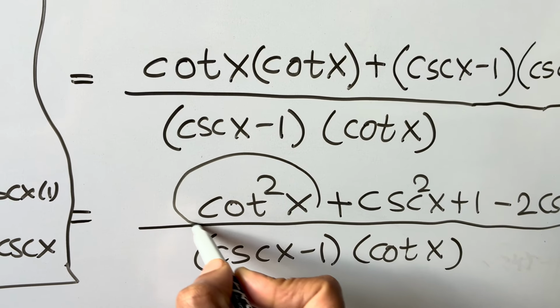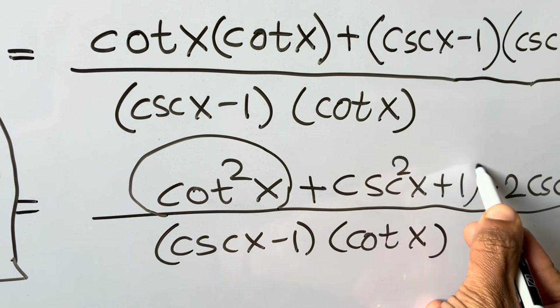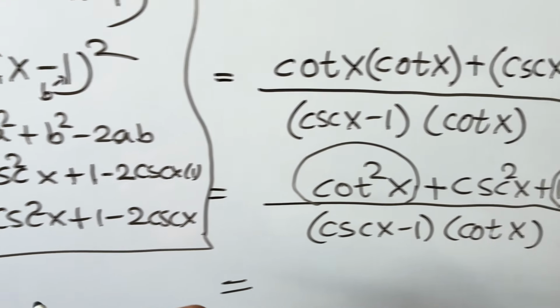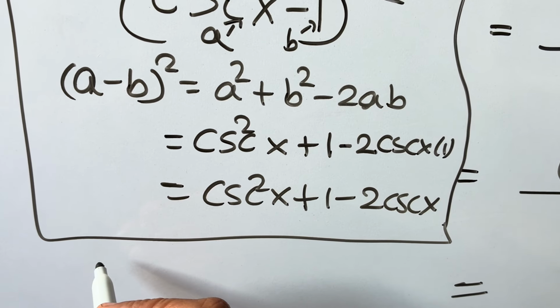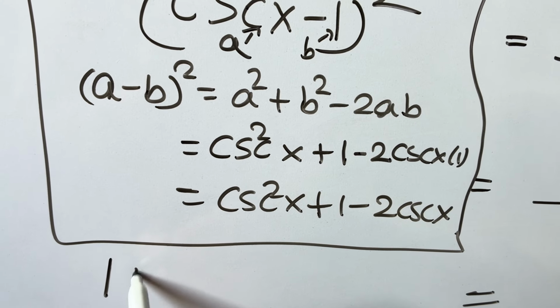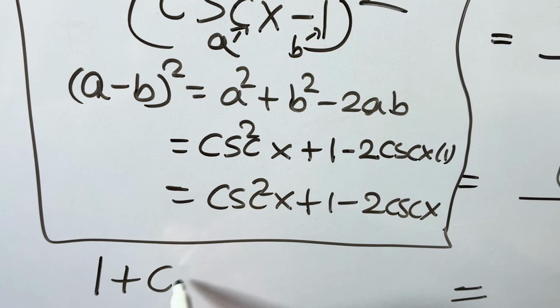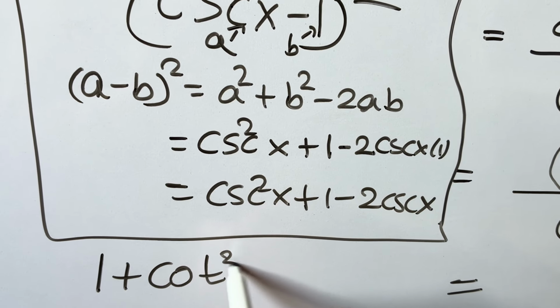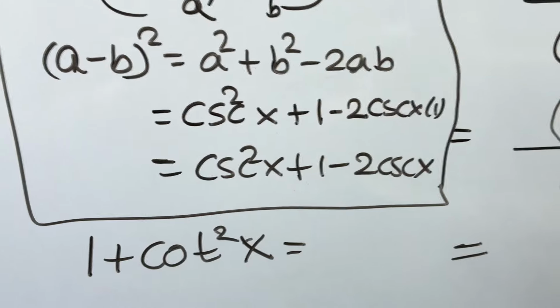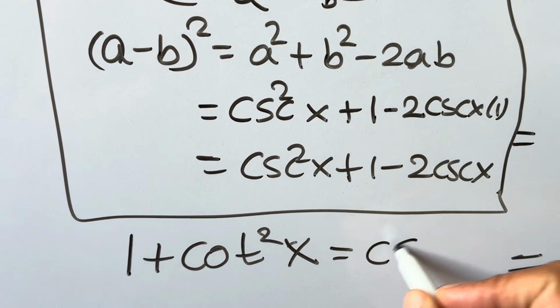For this I'm just circling this cot square x and 1. In my earlier videos I have shown you the trigonometric identities, so I'm going to write down the identity that I'm going to use here, which is 1 plus cot square x is nothing but cosecant square x.